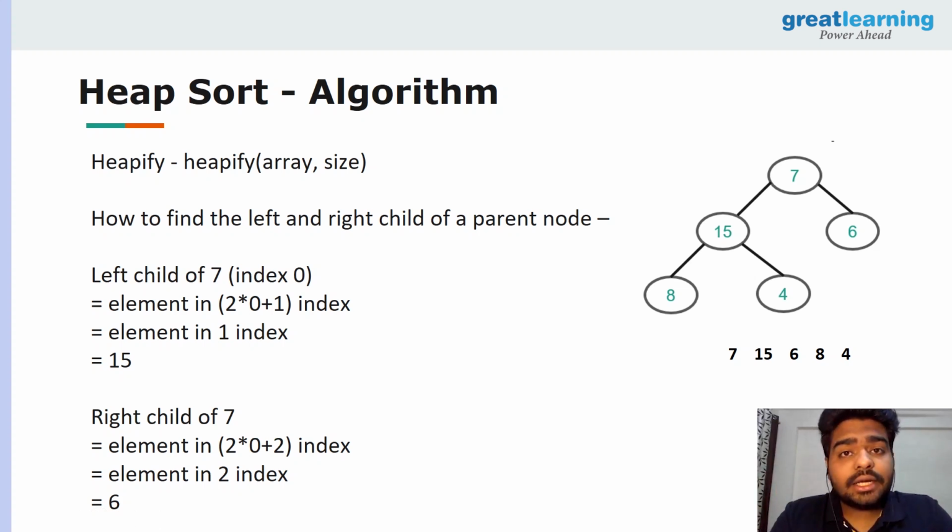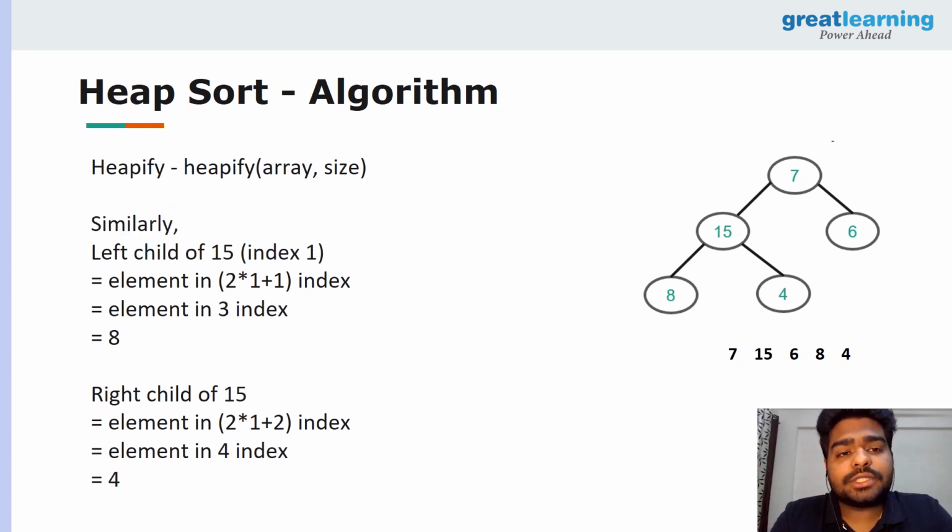Okay, now let's see the other method which I was talking about. I've just given a similar example: left child of 15 and right child of 15. If you can see, the left child of 15 is 8 and the right child of 15 is 4. How have we done that?